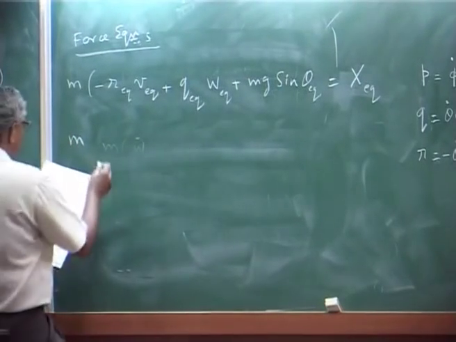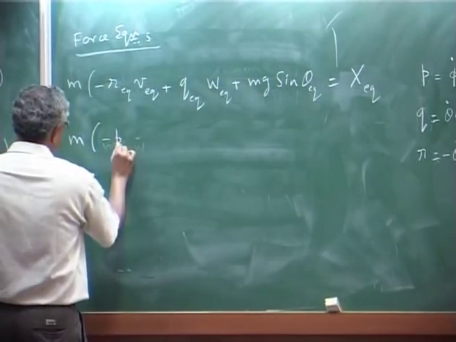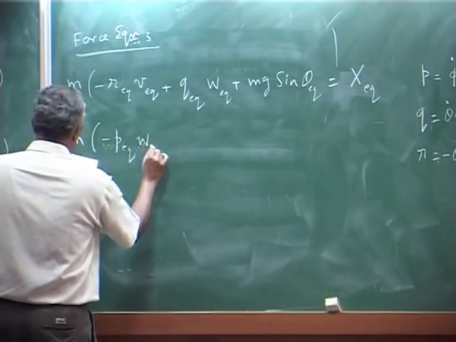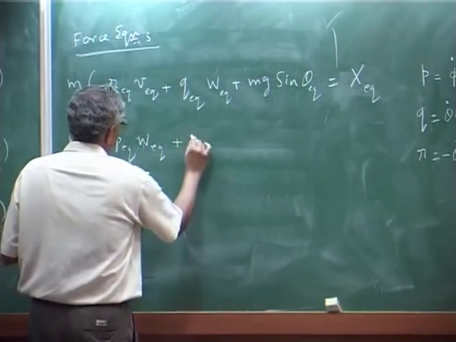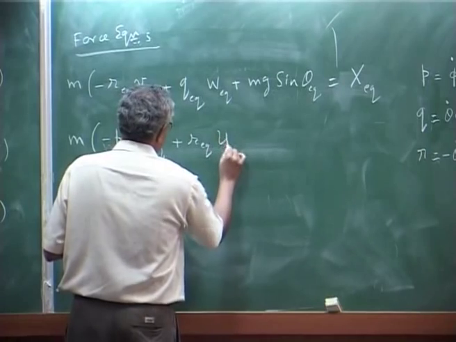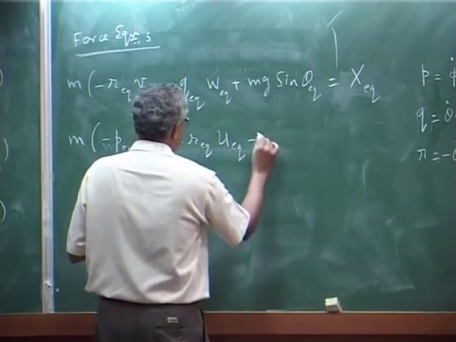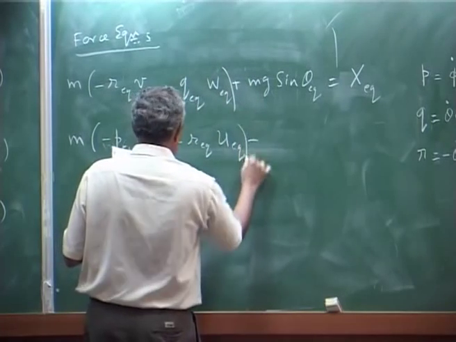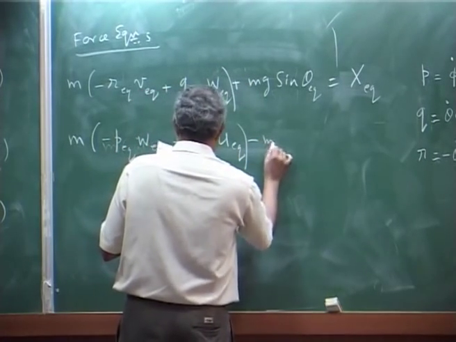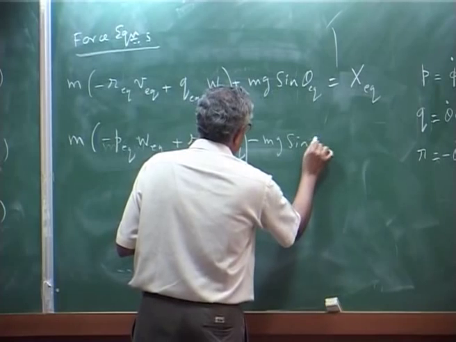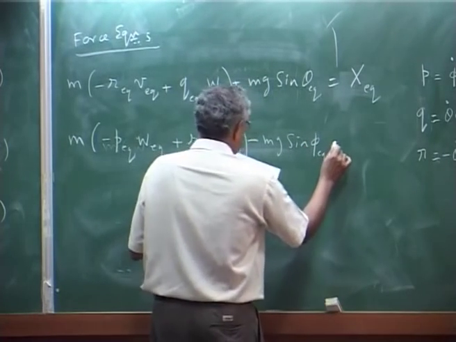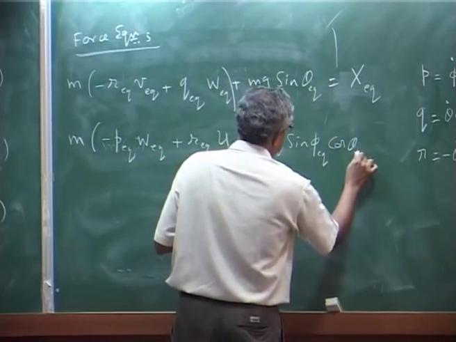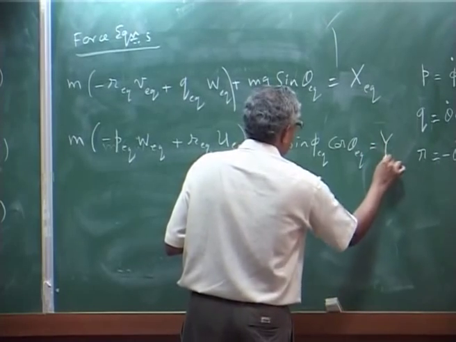Then m times p equilibrium w equilibrium minus r equilibrium u equilibrium, sorry, I should put a minus, minus mg sin phi equilibrium cosine theta equilibrium is Y.